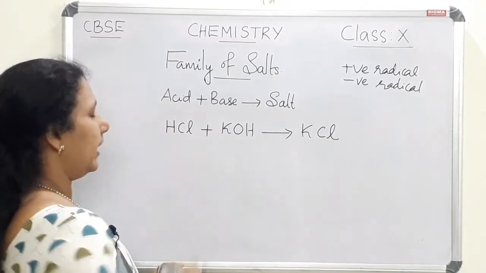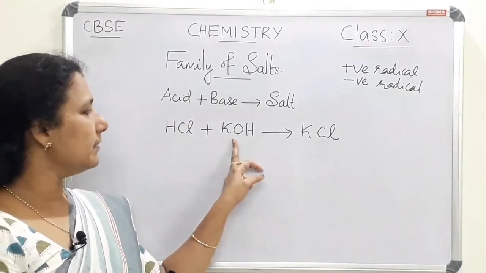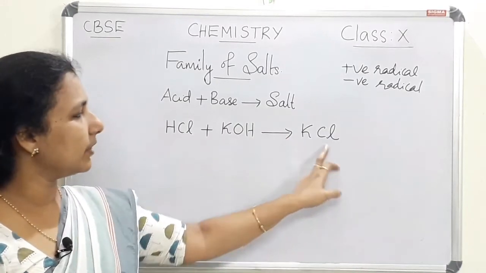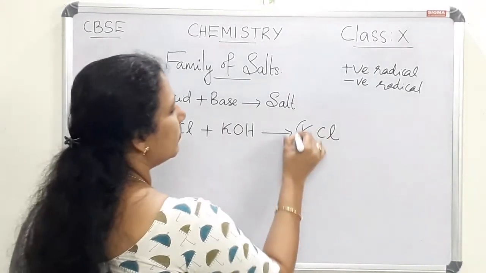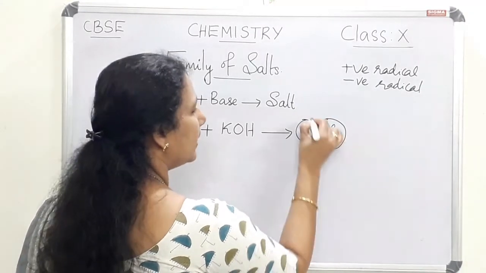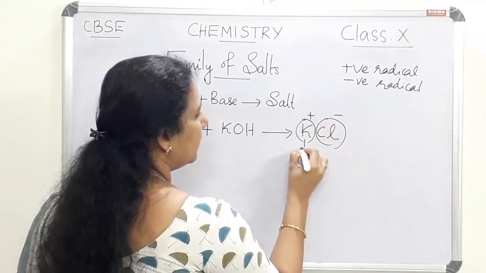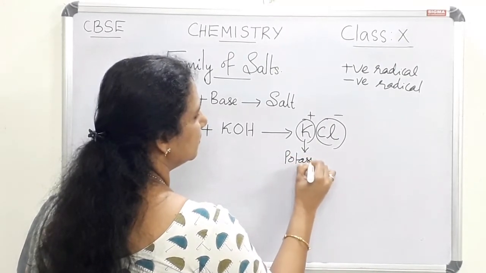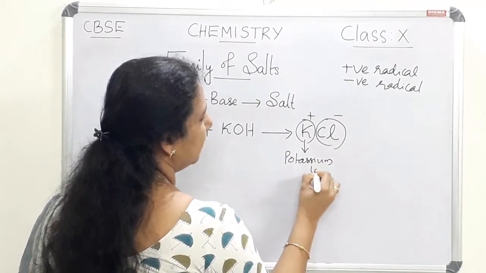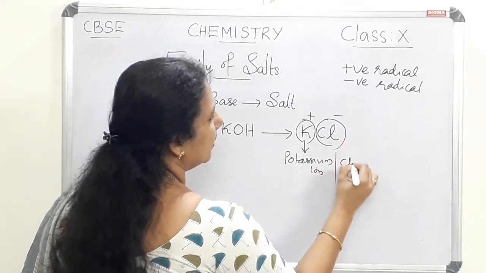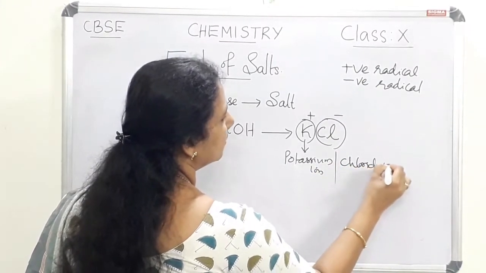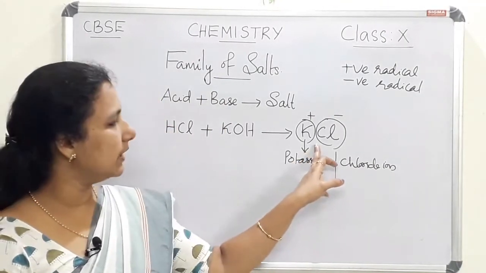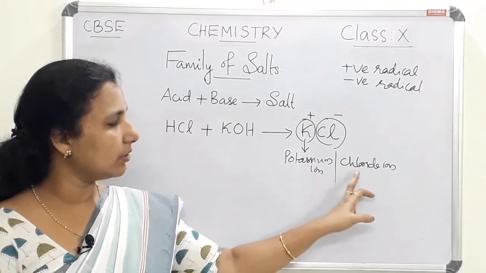In this case also we can see a positive radical and a negative radical. The positive radical is called the potassium ion, and again the chloride ion. KCl is the salt produced here, with potassium ion and chloride ion.